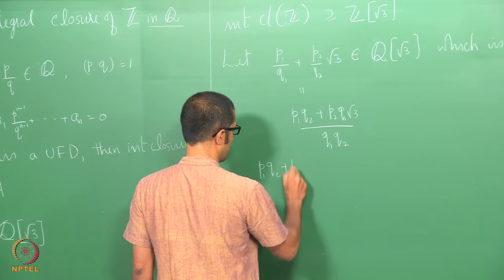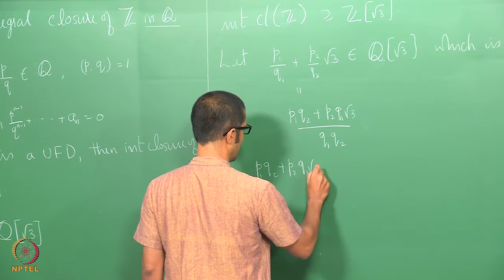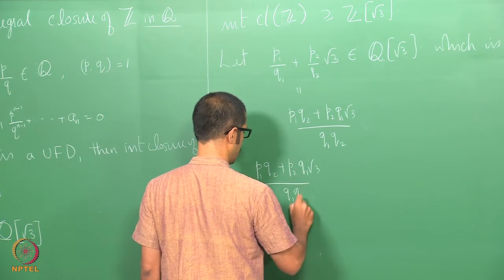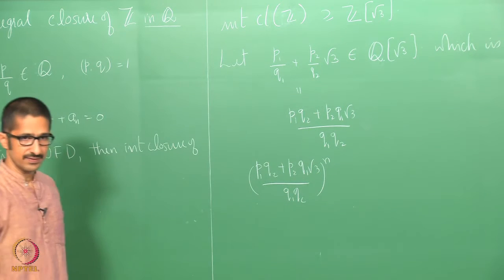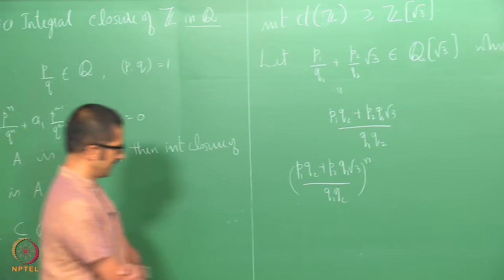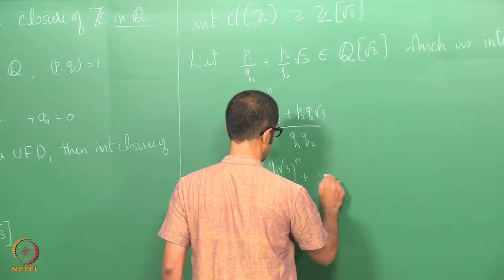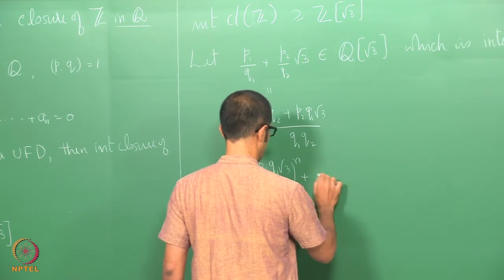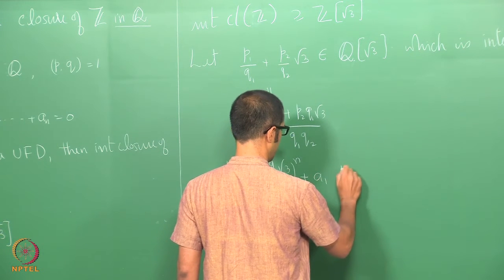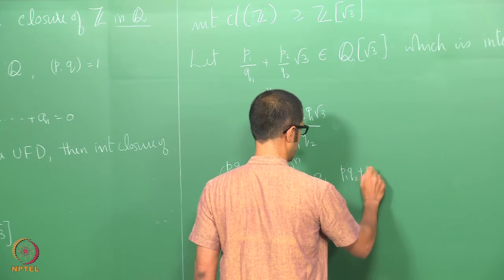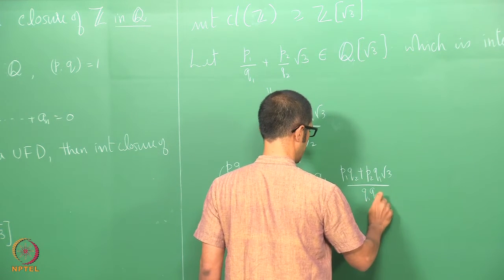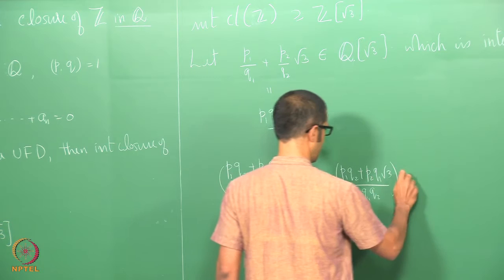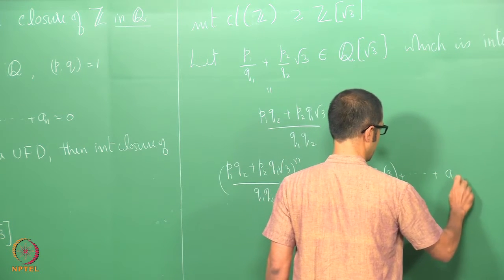(P1 Q2 plus P2 Q1 root 3 divided by Q1 Q2) whole power n, plus some a1 times (P1 Q2 plus P2 Q1 root 3 over Q1 Q2), and so on, plus an is 0.